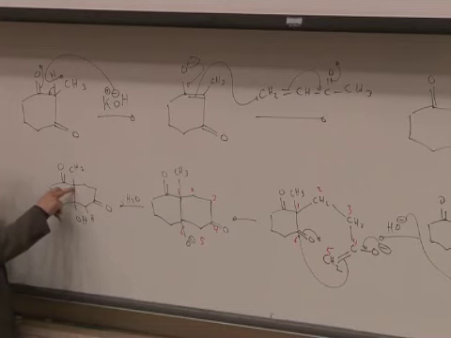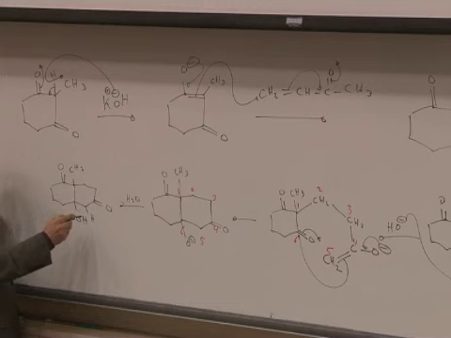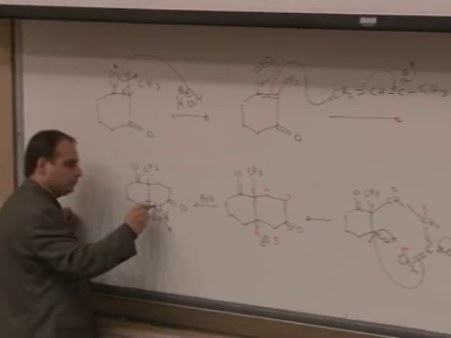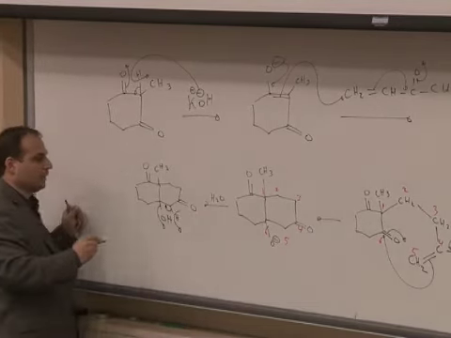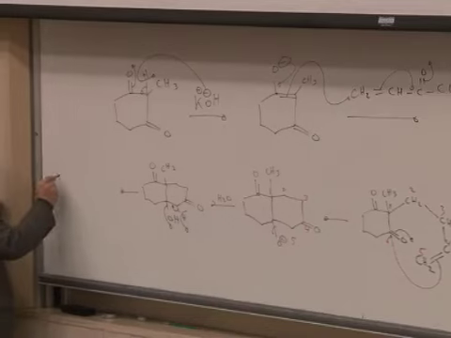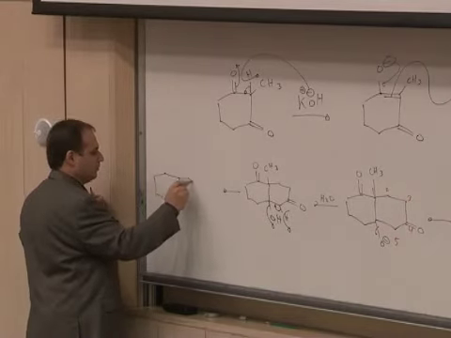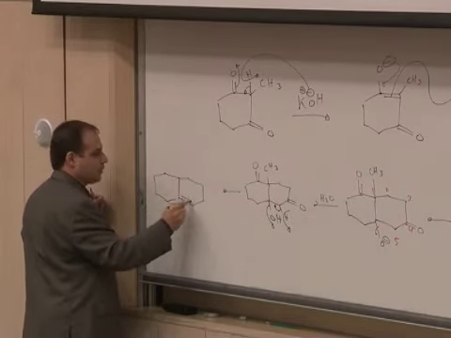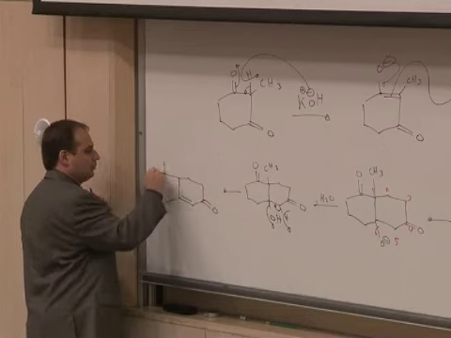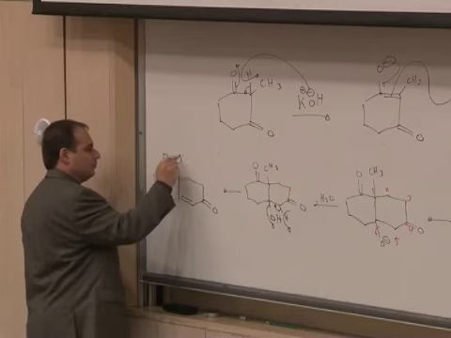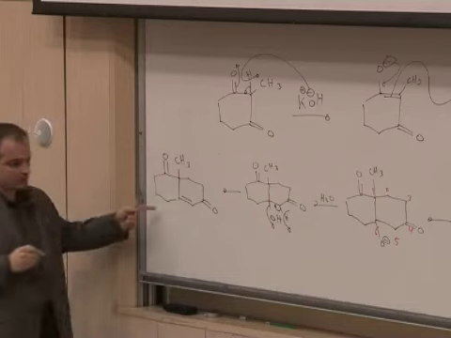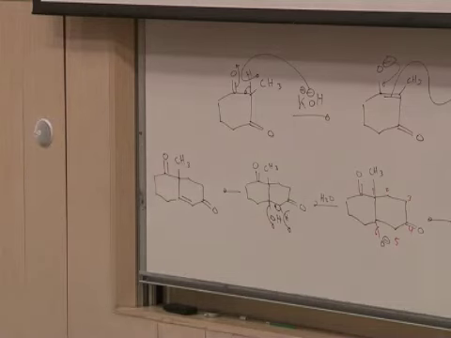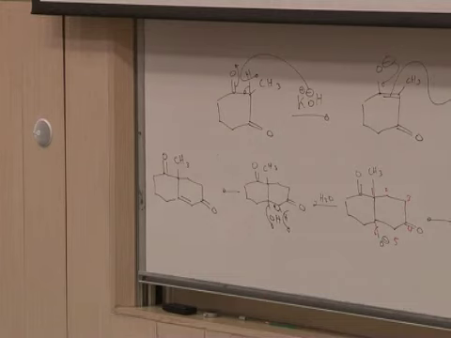We do not have any hydrogens here to eliminate. And the product that you will form is this product. This is a Robinson annulation product. What we performed here is a Michael addition and then an intramolecular aldol condensation.